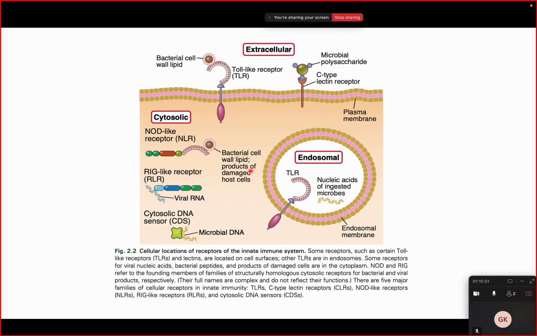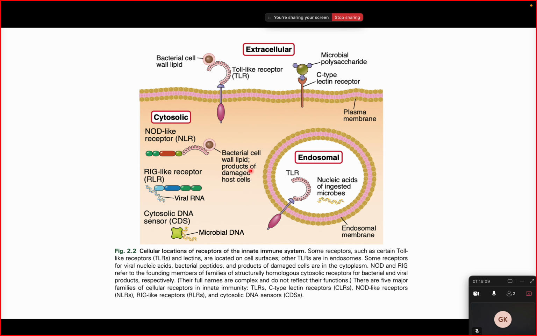One major type of PRR, which we have discussed till now and taken its name frequently, is TLR or toll-like receptor. So toll-like receptor is there, C-type lectin receptor is there. These were on the membrane.